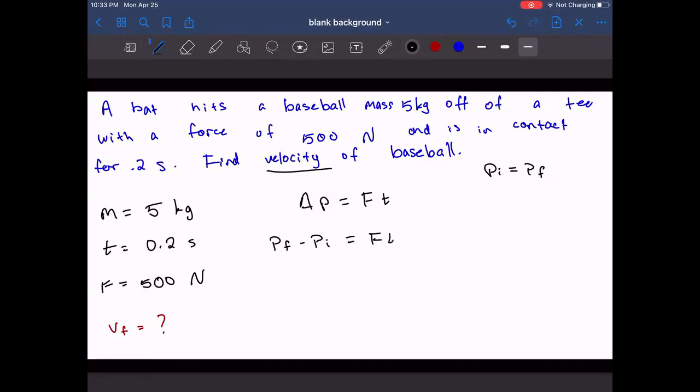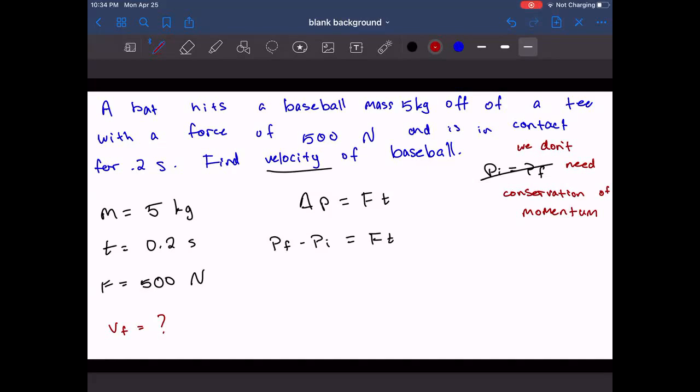Okay. So what do I do now? So it would be PF minus PI equals force times time. Yes. I still don't have what I need though, right?